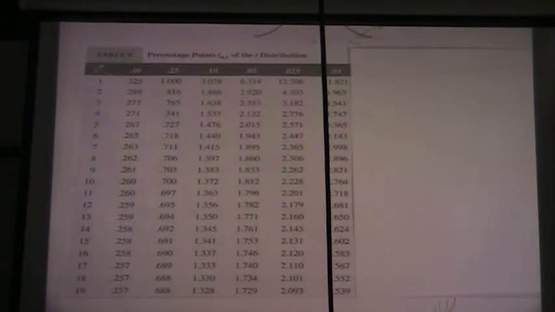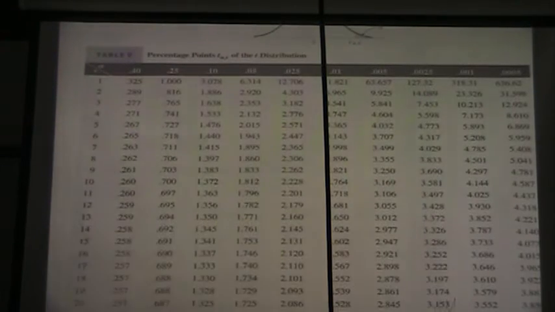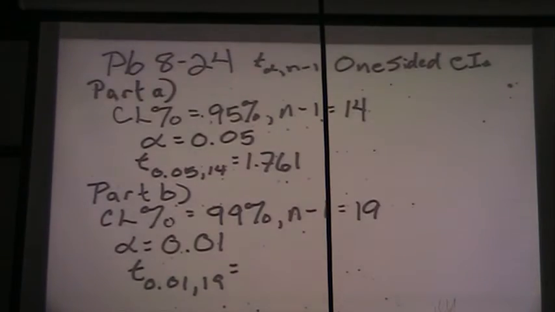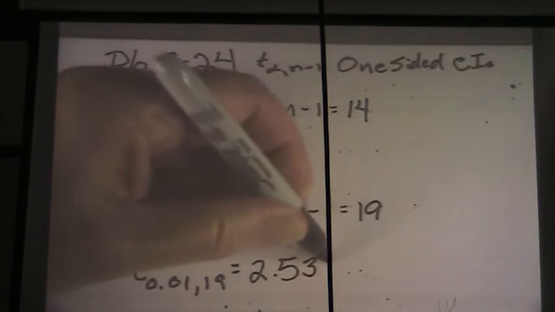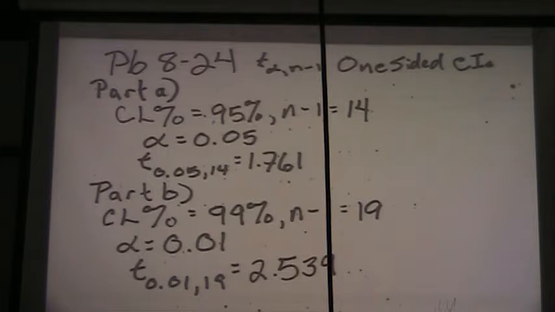All right, and you'll notice that right here in the corner, 2.539. So therefore, T of 0.01 and 19 degrees of freedom is 2.539.